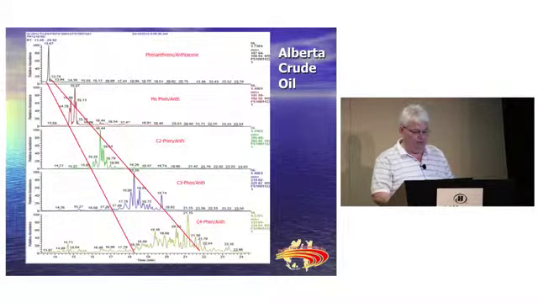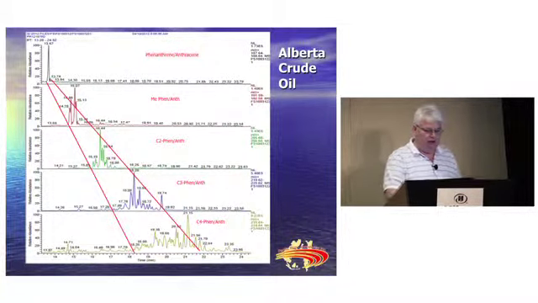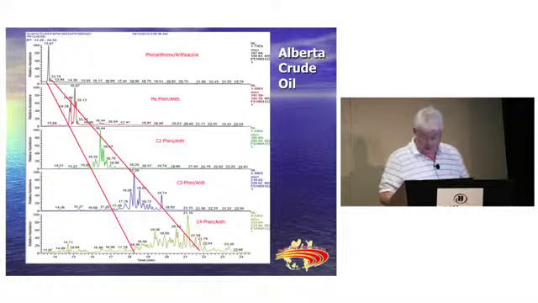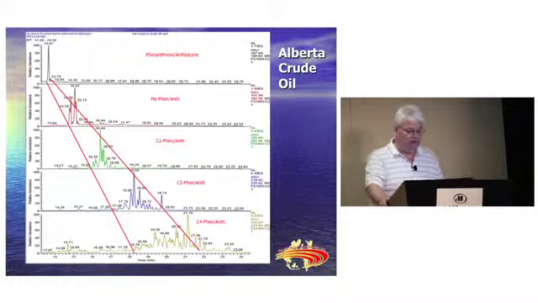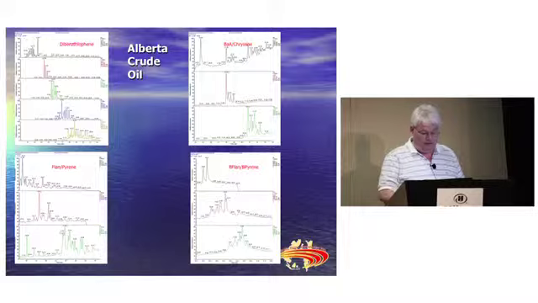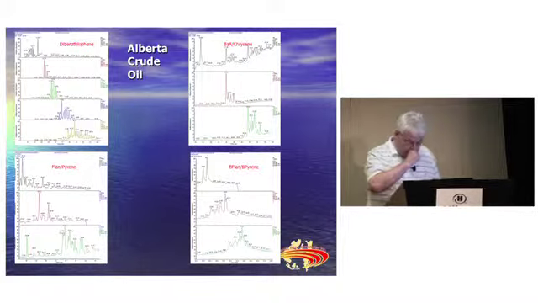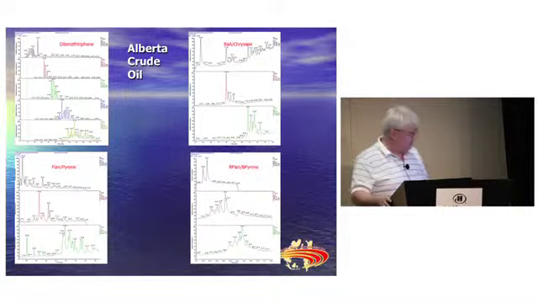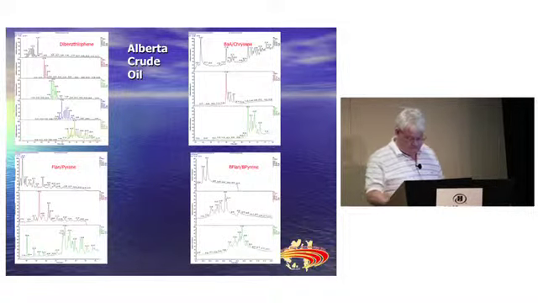The same thing for phenanthrene, anthracene. We've only got phenanthrene on the first chromatogram, but a doublet of doublets for the second chromatogram, and on down through the list. These are the other chromatograms, dibenzothiophenes, and the rest.